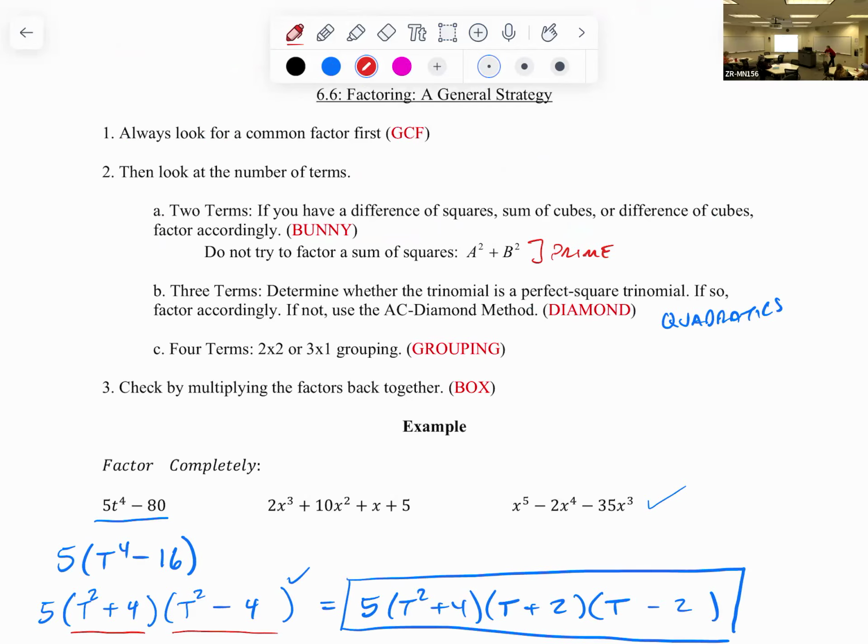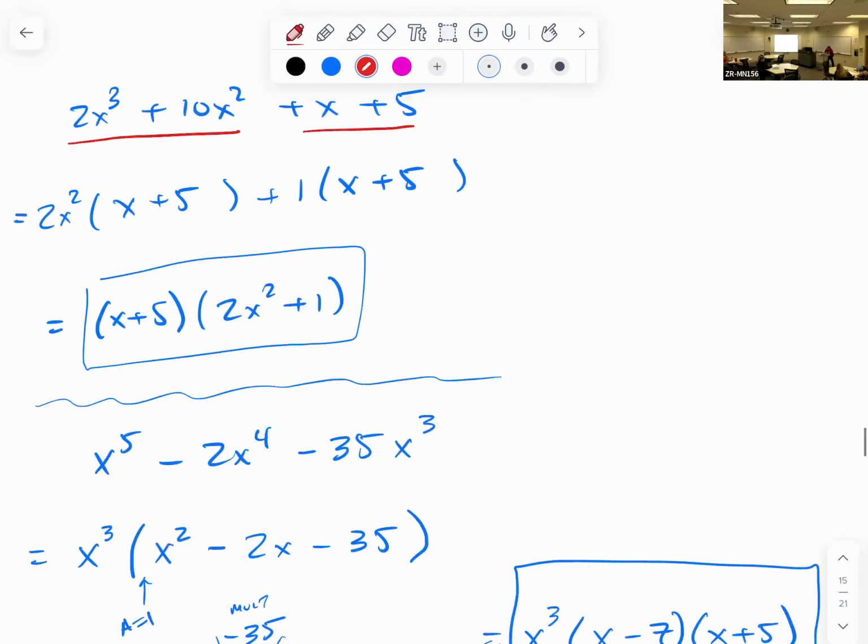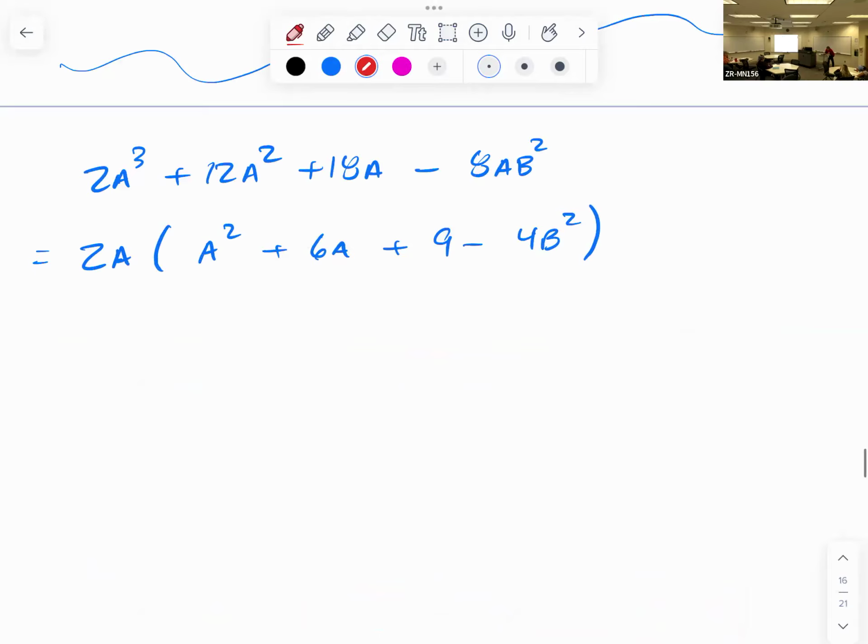All right, 2 by 2 or 3 by 1? 2 by 2. Always start with 2 by 2, right? That's literally why it's ordered that way. If that doesn't work, then we'll try 3 by 1. But basically, always just count your terms. I have 4 terms. Let's do grouping. Let's see what we got.